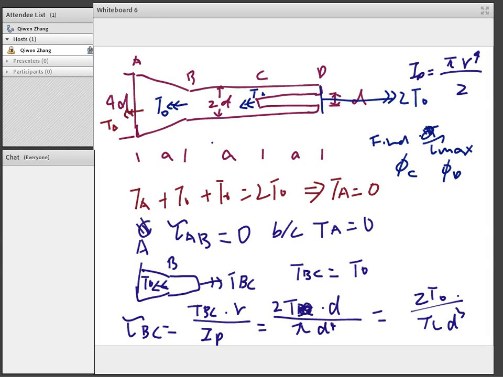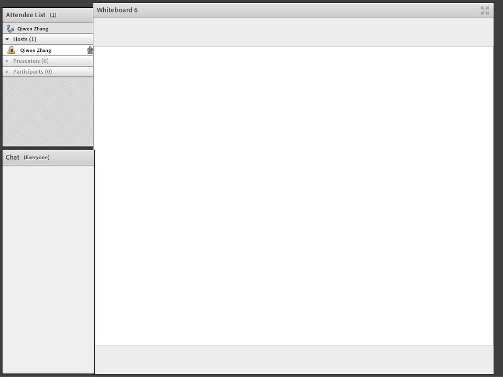And let's look at C and D. As we remember, C and D is a section like that. So this is 2T0, and this is D, and let's call this TCD.